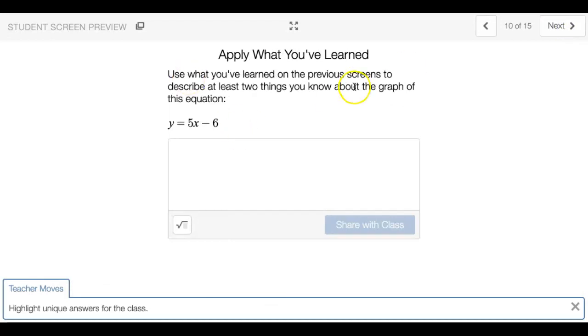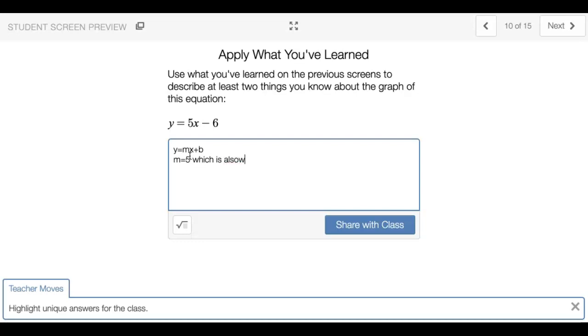Use what you've learned in the previous screens to describe at least 2 things you know about the graph here. Well, if I say y equals mx plus b, what is m? M is equal to, in this case, 5, which is also the slope, right?